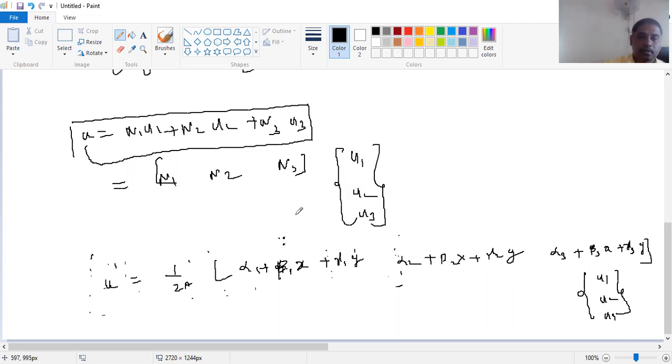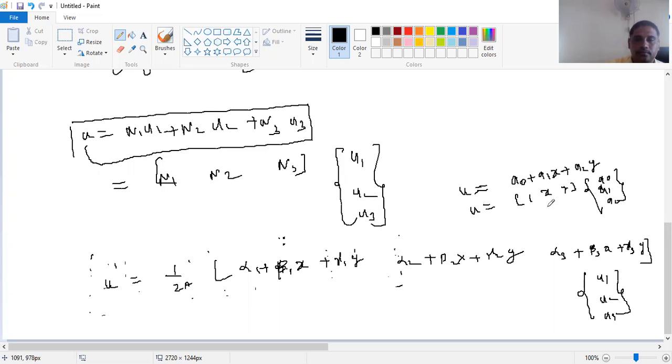Because you get u is equal to what? u is equal to A0 plus A1 x plus A2 y. In terms of matrix, you can write 1, x, y multiplied by A0, A1, and A2.